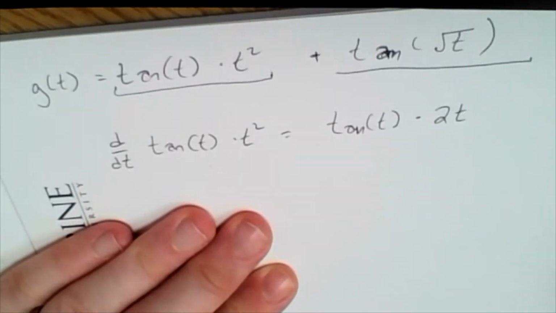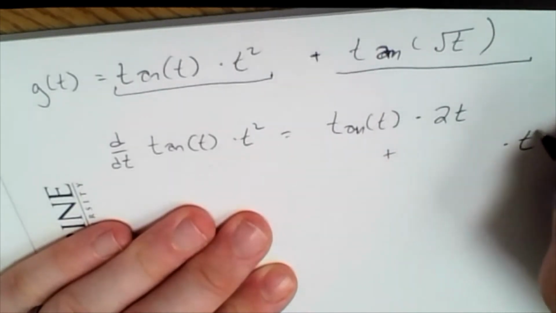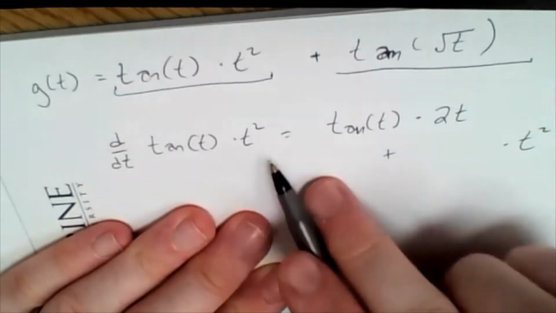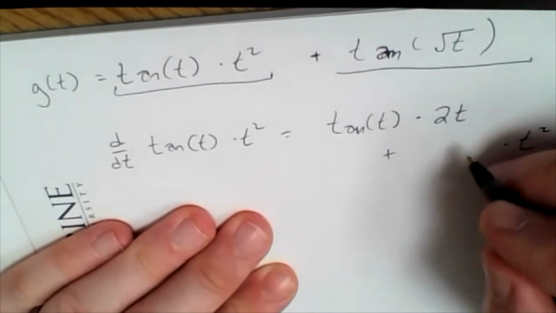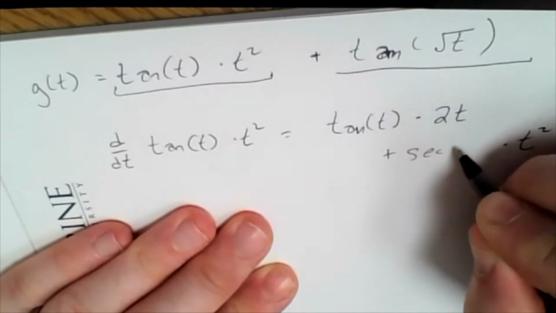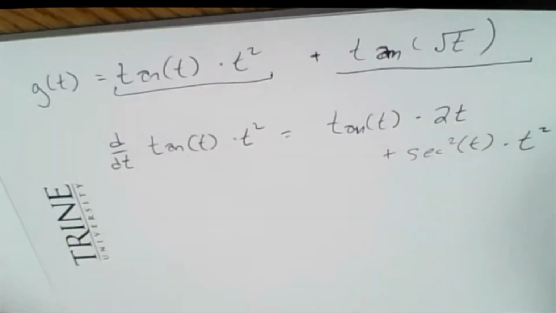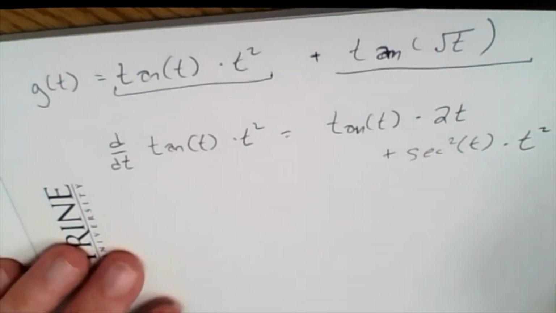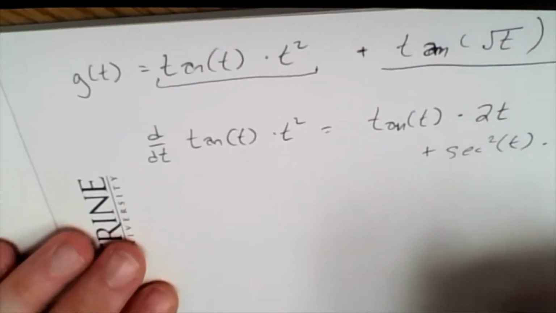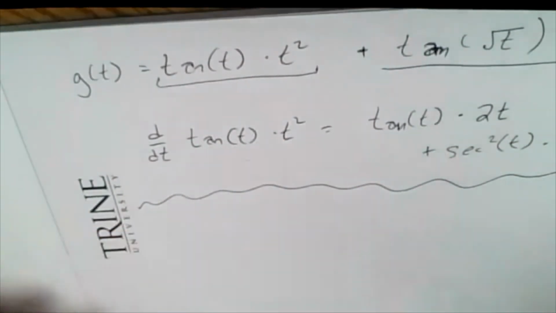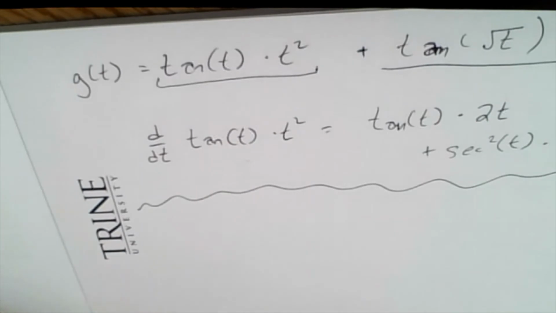I know that's 2t. And I need to add to that the derivatives going the other way. Keep the t squared the same, and I know that the derivative of the tangent function is secant squared of t. That's all I need there.